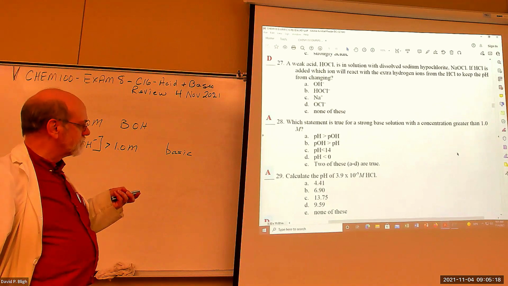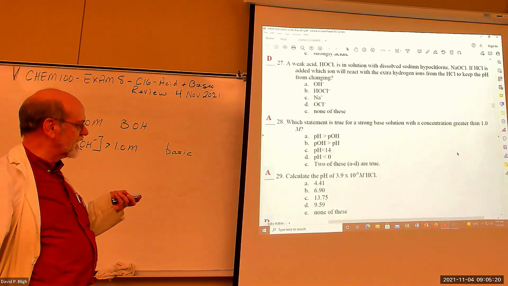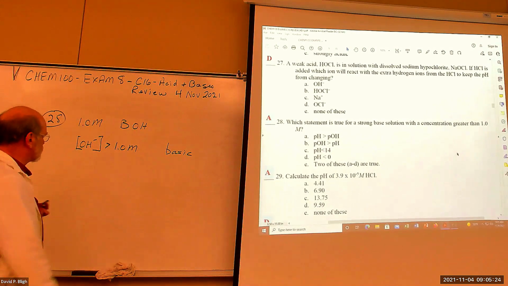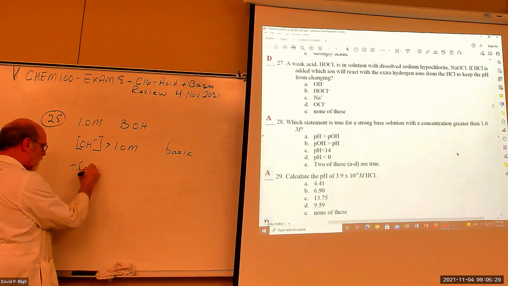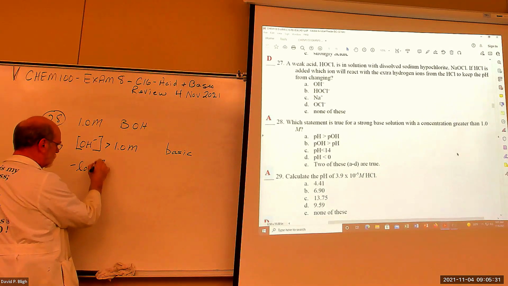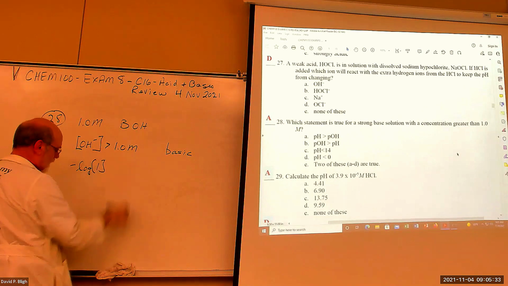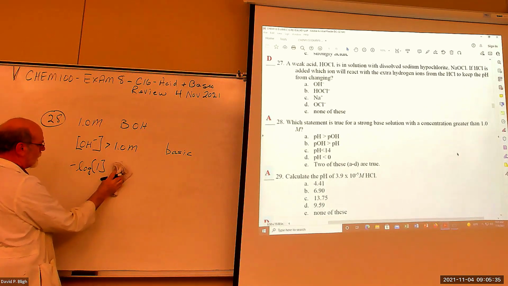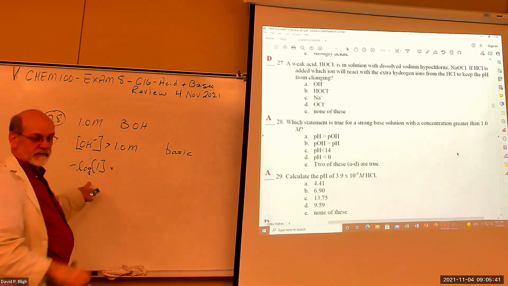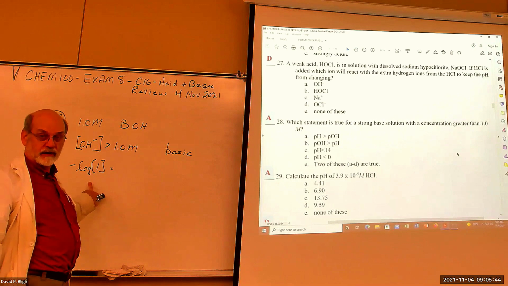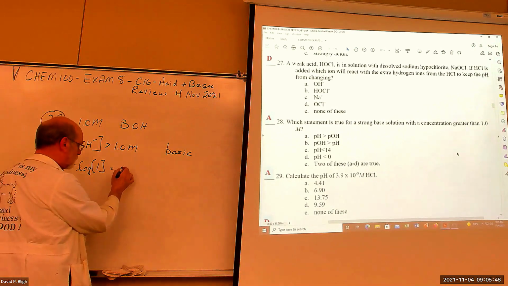Let's see. How about pH less than 14? Let's see, what would the pH be? Well, it would have to be greater than negative log of 1. Well, that's hydroxyl concentration, excuse me. Let's say negative log of 1 is equal to 1. Right? 10 to what power equals 1? 0.